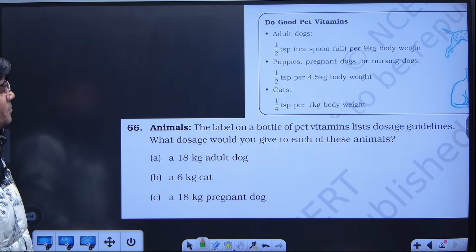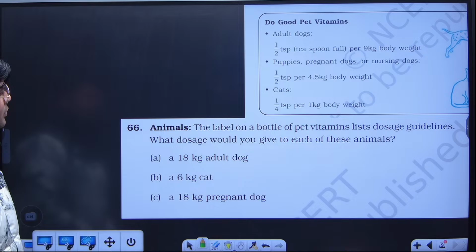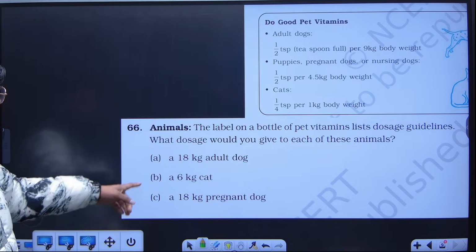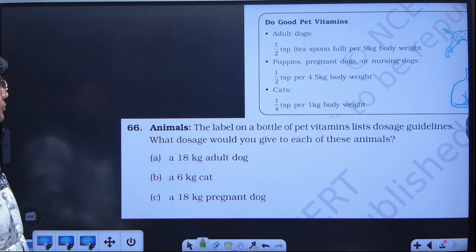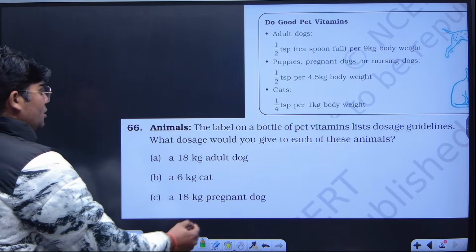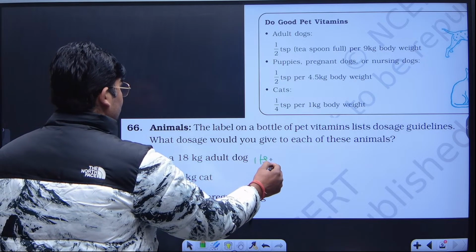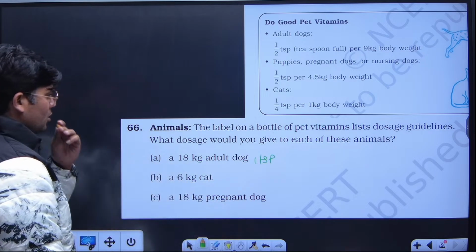One half TSP per 9 kg body weight. So 1 teaspoon. Puppies, pregnant dogs, and nursing dogs: half TSP per 4.5 kg. So 18 kg adult dog, 1 TSP you are saying? Yeah, so 1. And then for the last one, it would be 2.